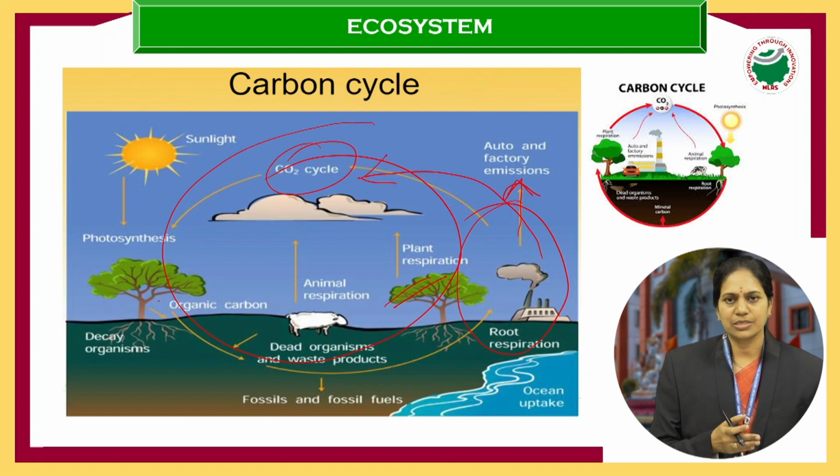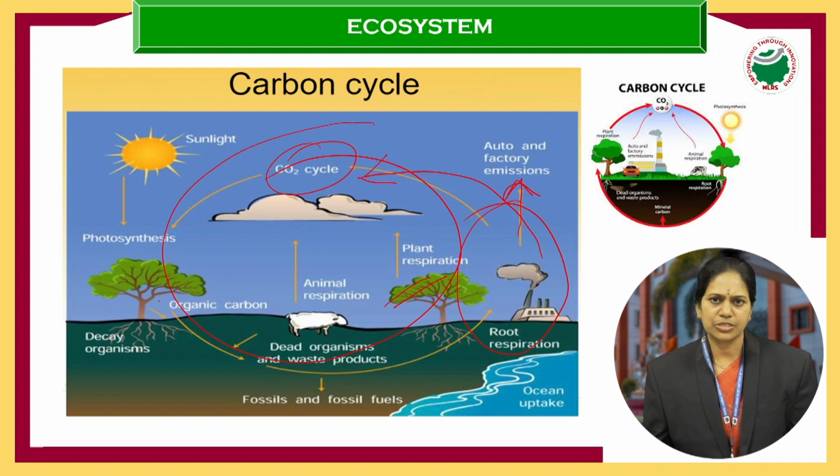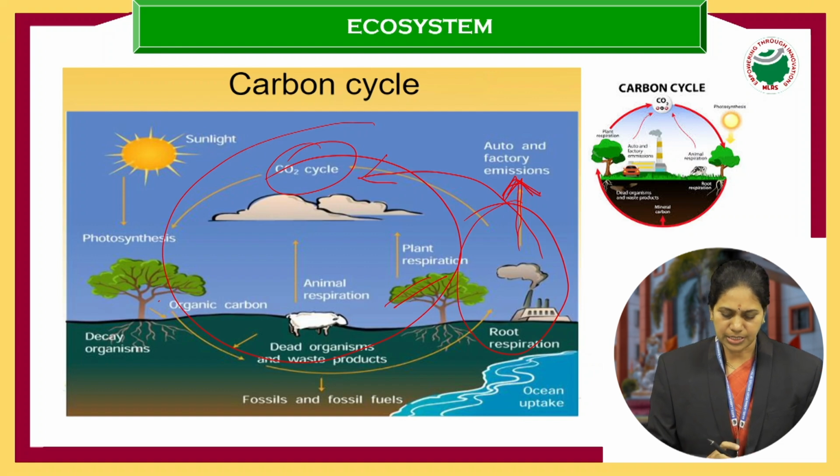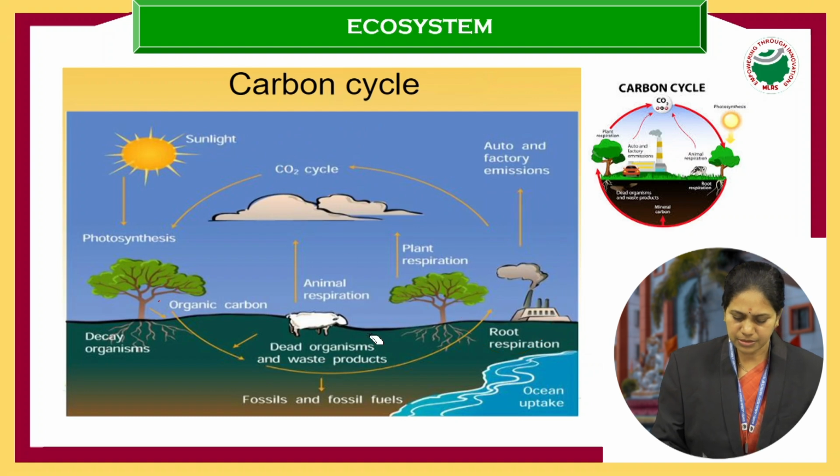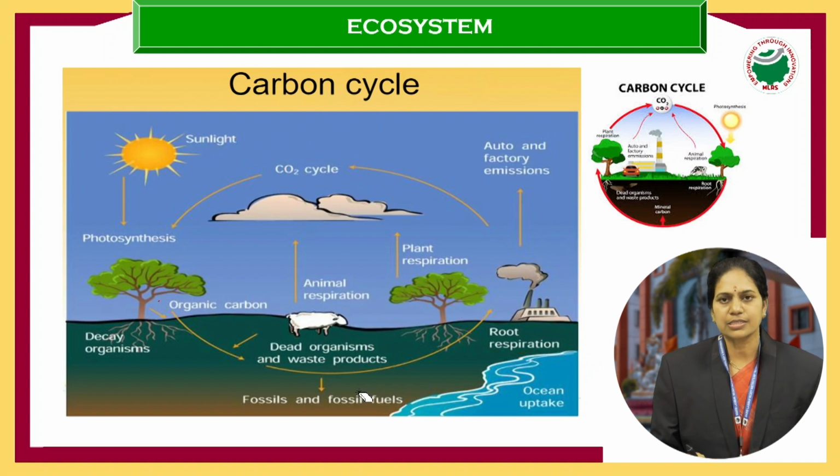So plantation is common all over the world, because plants are the only organisms which can take carbon dioxide from the atmosphere. We are releasing an extra amount of carbon dioxide, so extra plants are required to take it out of the atmosphere.